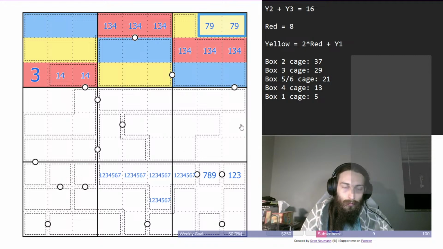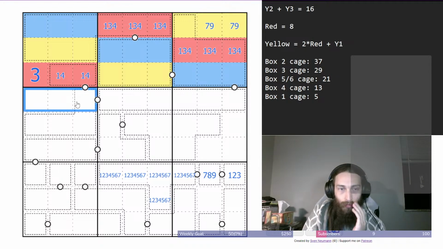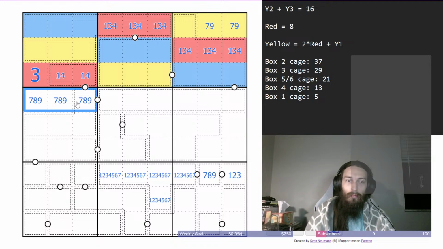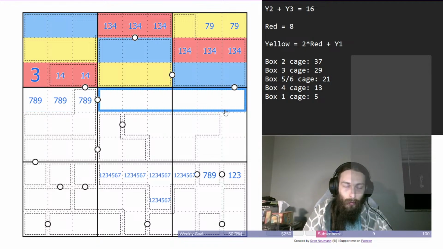And box, so this is 24, isn't it? These three, if this is 21? Yeah. 21 and 24 is 45.